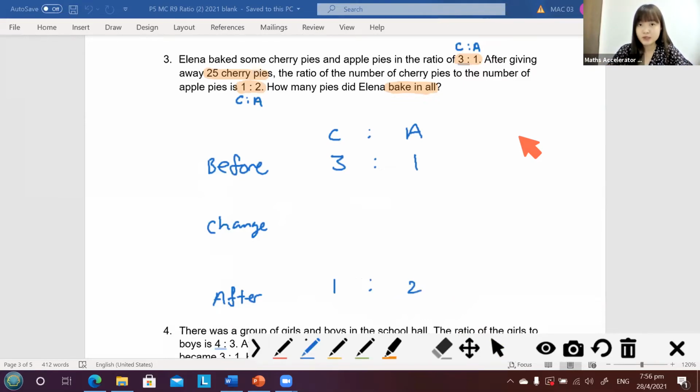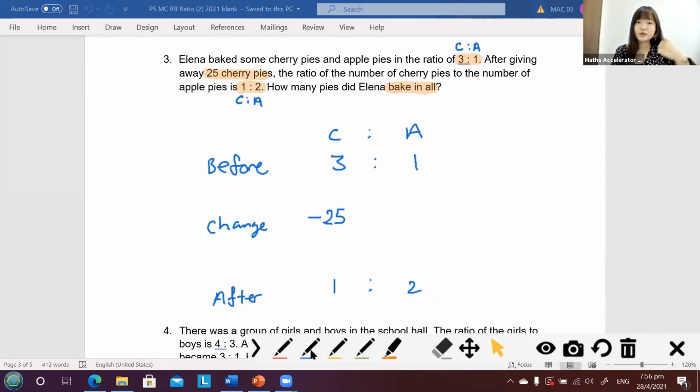Give away means subtract. So under cherry pies here, C for cherry pies, the change will be minus 25. And I repeat again, ratio is different from this 25. Ratio can mean units, but 25 is the actual number of cherry pies that were given away.